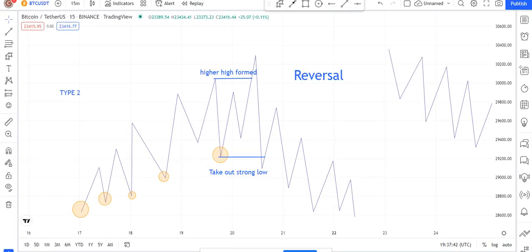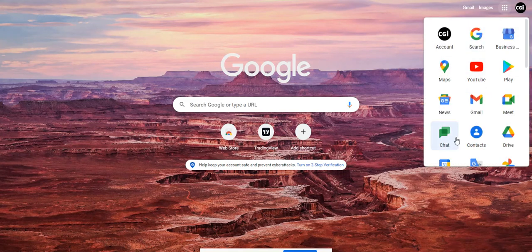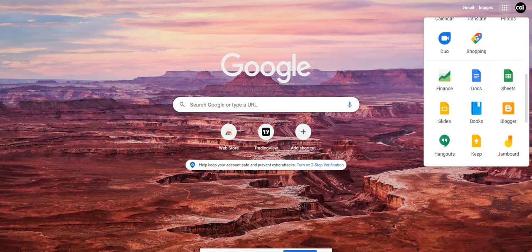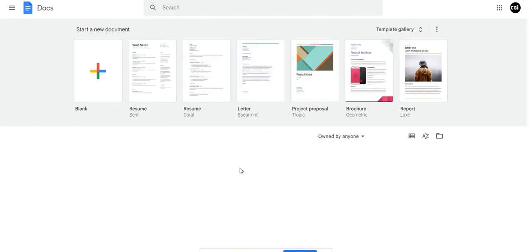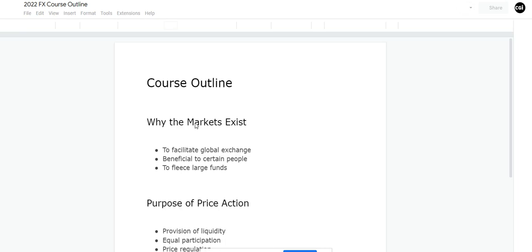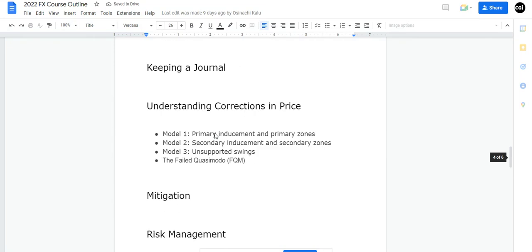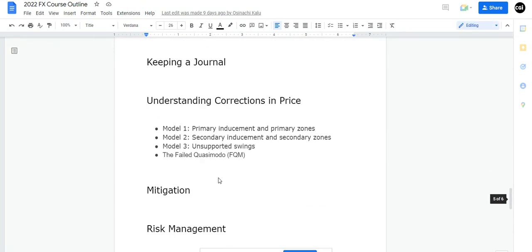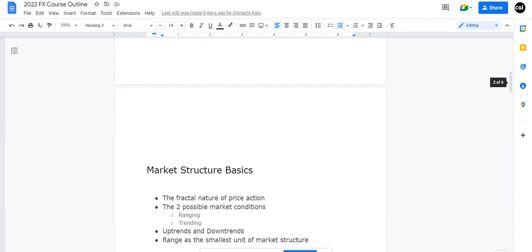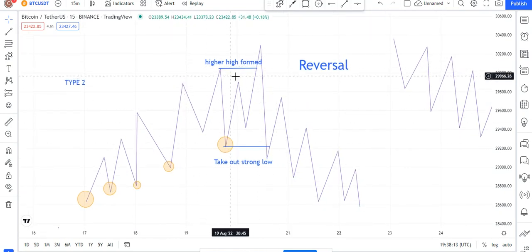I didn't want to use the term inducement because we may start getting too many terms mixed up, and we've not yet gotten to that topic, right? Looking at the course outline now, inducement is one of the last things, I think. Yeah, we have inducement here, this area. So it's quite far. So we'll call this a reversal, and we'll call this an inducement.